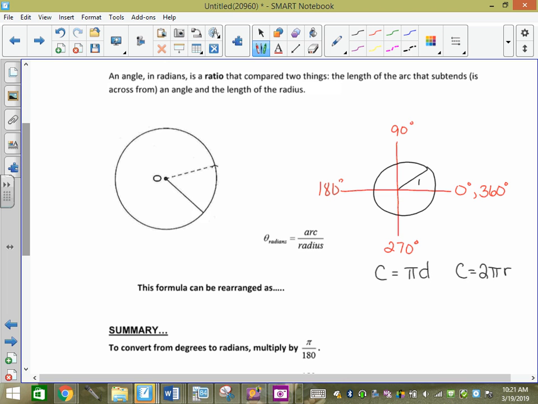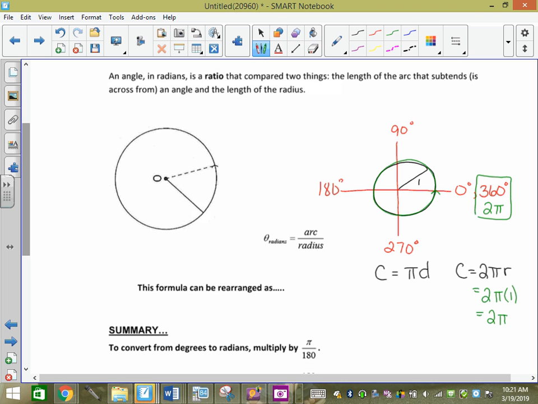So our unit circle has a radius of 1. So going around the whole outside of a unit circle, it's going to be 2 pi times 1. So it's 2 pi. So degrees-wise, it takes us 360 degrees to get around. Do we agree? But in radian measure, which is pi's, it actually takes 2 pi to get around. So 2 pi and 360 are besties. 2 pi is the radian measure, and 360 is the degree measure.